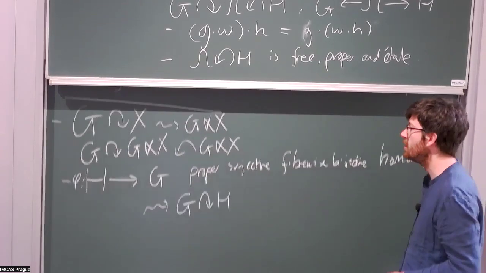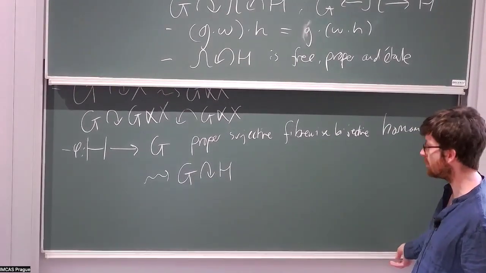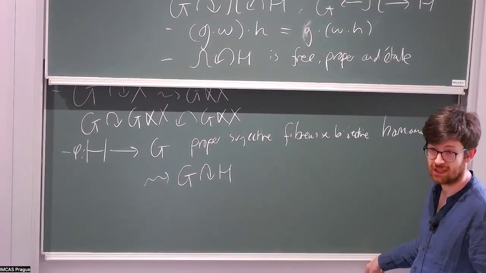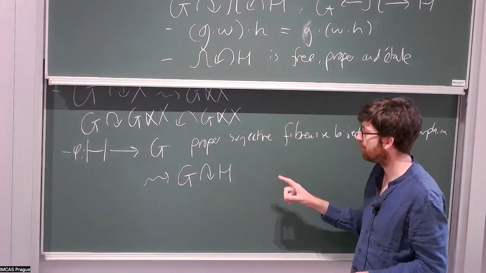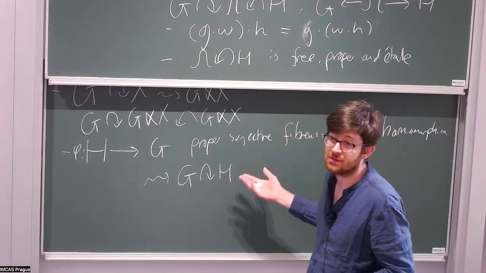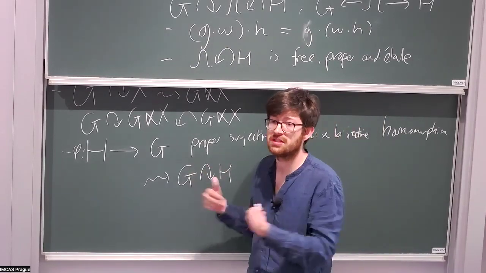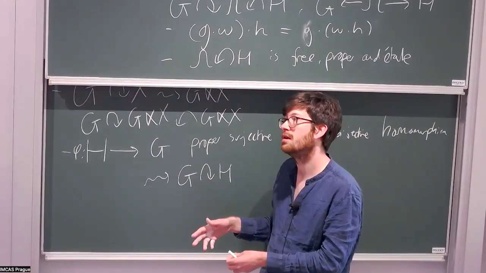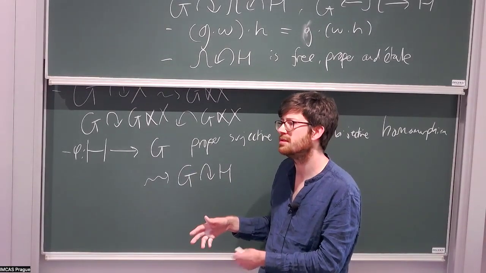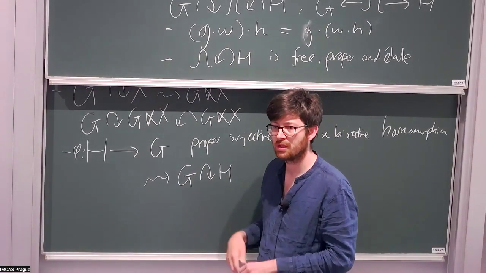So when this is a proper surjective, fiberwise bijective homomorphism, which is a lot to say, you get one of these things, and in particular you get an inclusion, or at least a map, of C-star algebras.